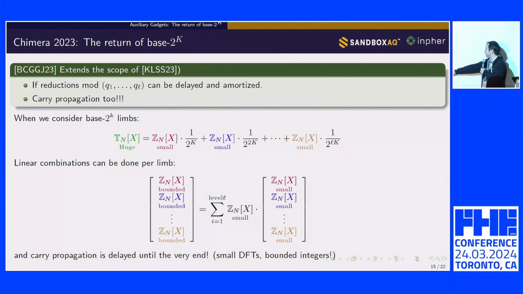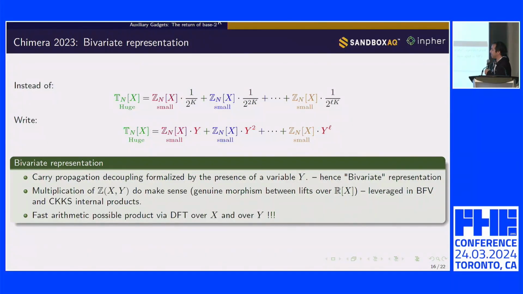We have small integers here, so the result will be bounded. That's okay, we can still handle it with small arithmetic. And only once we have the final representation, then we'll propagate carry across the vector. So that's basically the idea of how we can amortize carry propagation.